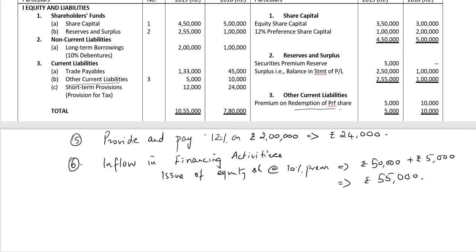Now let's check out the other items which we missed out from the balance sheet. In non-current liabilities A, we have long-term borrowings as 10% debentures. So interest paid on debentures is 10%. But we don't know, the opening balance is 1 lakh and the closing balance of debentures is 2 lakh. We are not aware of when the debentures were issued. In such a case, we need to make an assumption, and it is always assumed that the debt or issue of shares etc. has been done at the end of the year.